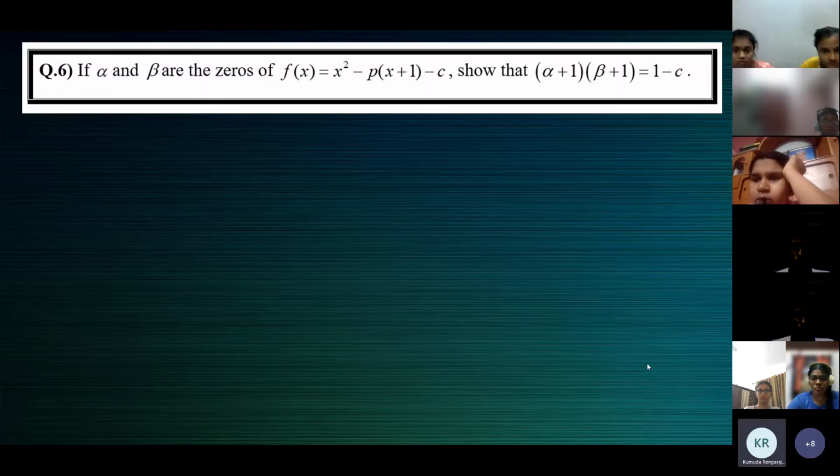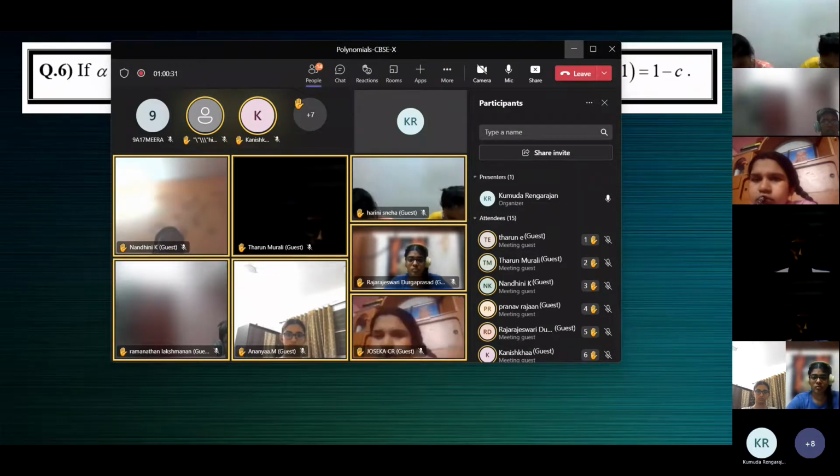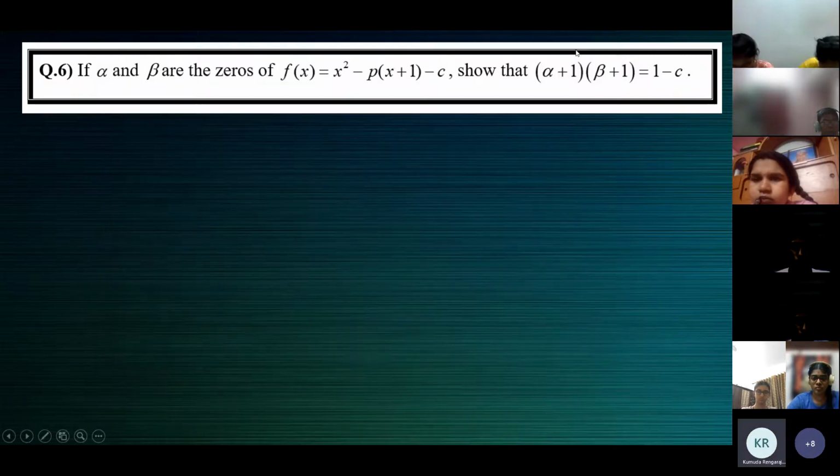Who says that the polynomial is not in the standard form? You must be able to see x square, its coefficient, x, its coefficient, and the constant. Or if the variable is y, y square, y, constant.